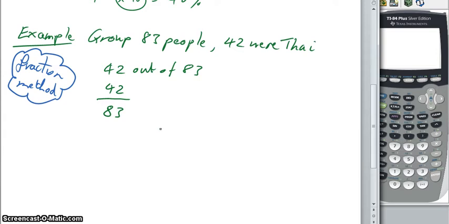So now we have a fraction. But that's 42 out of 83 of 100%. It's a part of 100%. 100% would be 83 people. 42 people is clearly a lot less. So all we have to do is 42 over 83, there's our fraction, of 100 over 1.